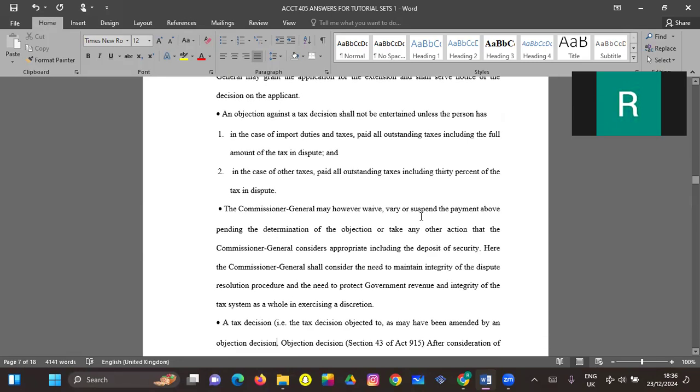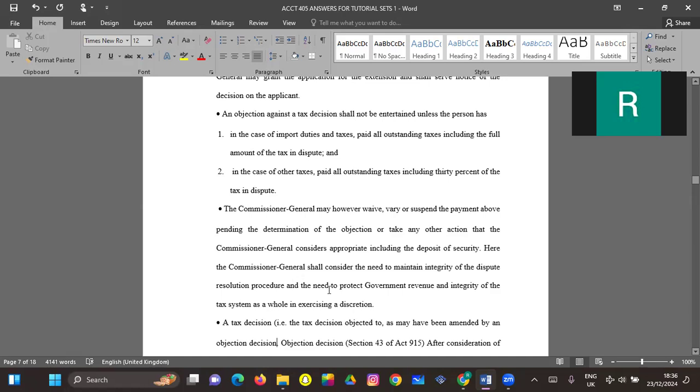So now, the Commissioner General may, however, waive or vary or suspend the payment above pending the determination of the objection, or take any action that the Commissioner General considers appropriate, including the deposit of security.